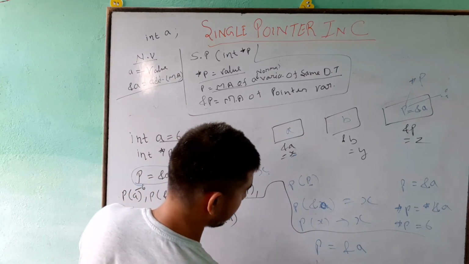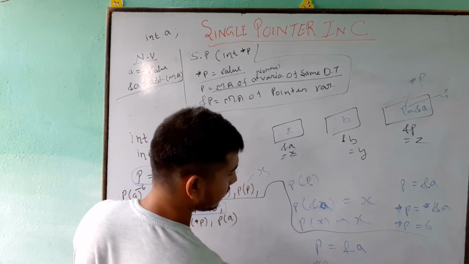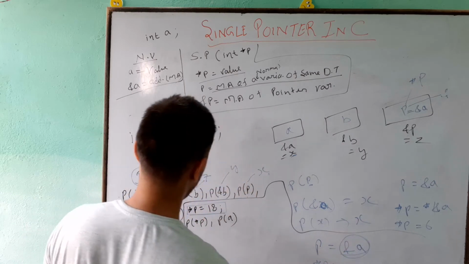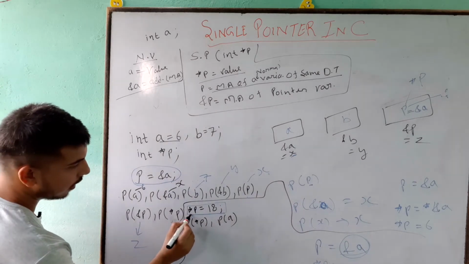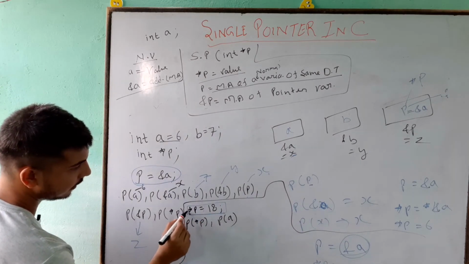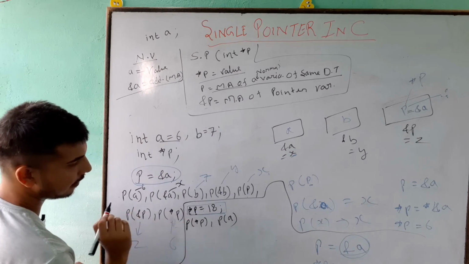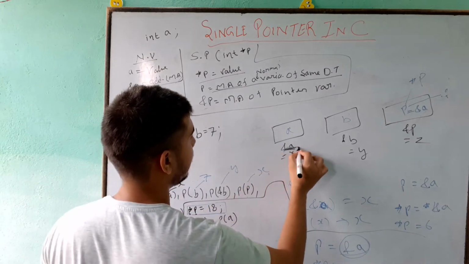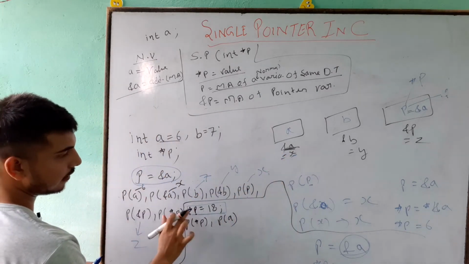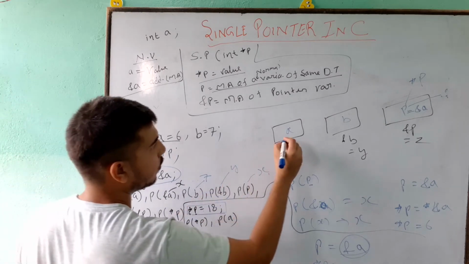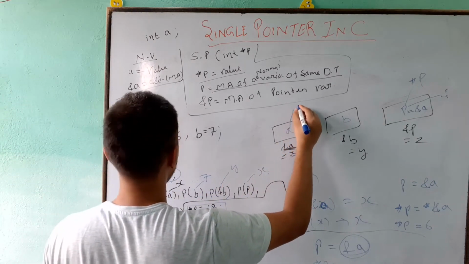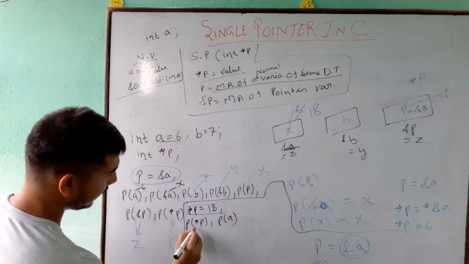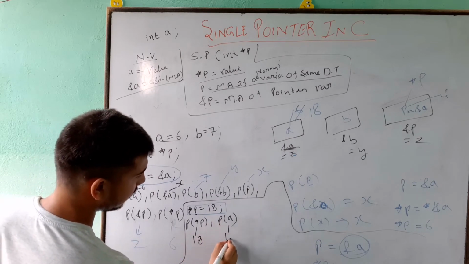So if I am changing *p, I am changing the value present in this address, dereferencing the address. What is the address present in p? This address, and now I am changing it to 18. Whatever was present here before, which was 6, I am now changing to 18. So *p will give me 18, and a will also give me 18.